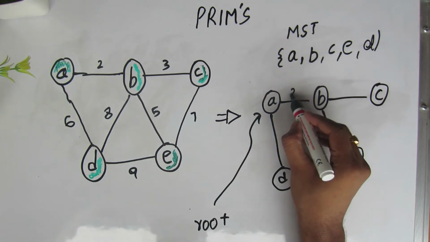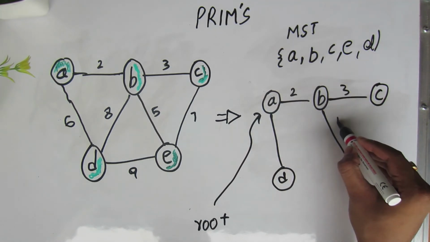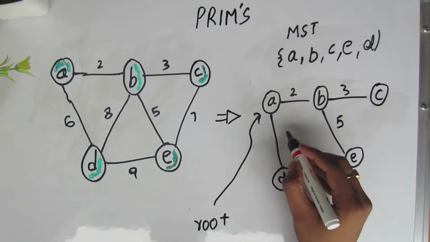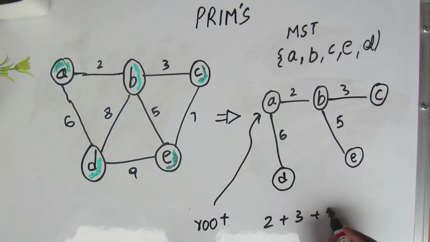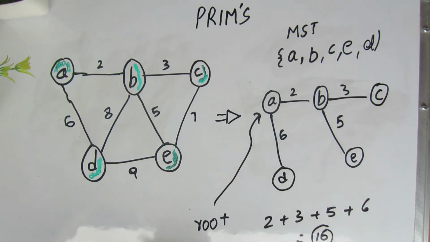As you can see, the weights are minimized and the total cost is 2 plus 3 plus 5 plus 6, that is 10 plus 6, that is 16. 16 is the total cost of creating this spanning tree.